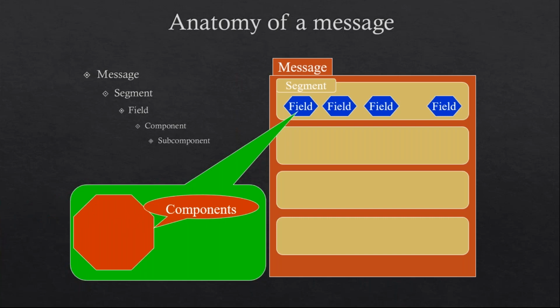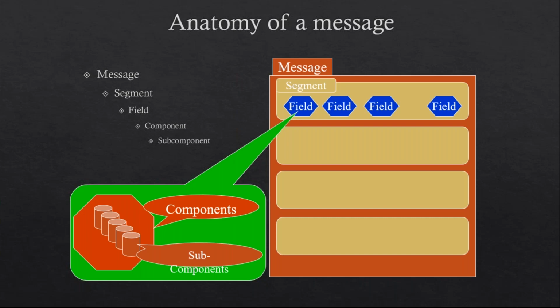So if field number 2 is for name, within field number 2 we again have two components, first name as the first component and last name as the second component. These components are again divided into subcomponents, which we'll look at when we really look at the HL7 messages. But for now, we just need to understand fields and components.